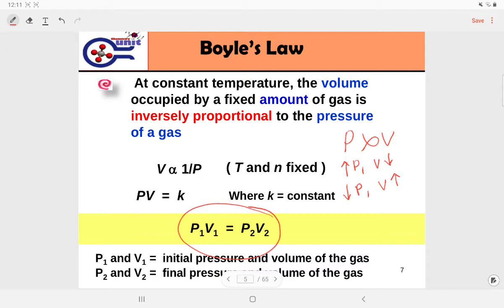But if you are using just Boyle's law, you just need to make sure that if pressure 1 is in atm, then pressure 2 should be in atm.